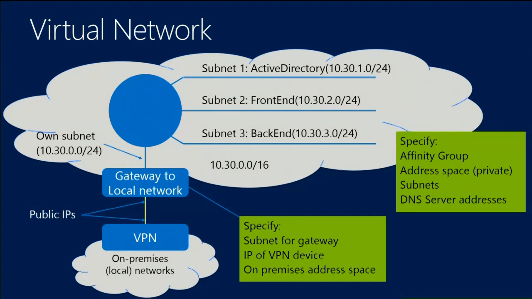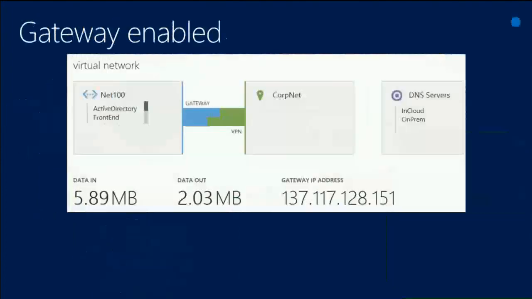And you will need to tell Azure what networks you have on your own premises. That way it can set up the routing appropriately. So let's say I was the 10.80 network, I would be telling it 10.80. And then I can install the actual gateway, and then I've got a gateway down to my corporate network. And I've declared a public IP there.